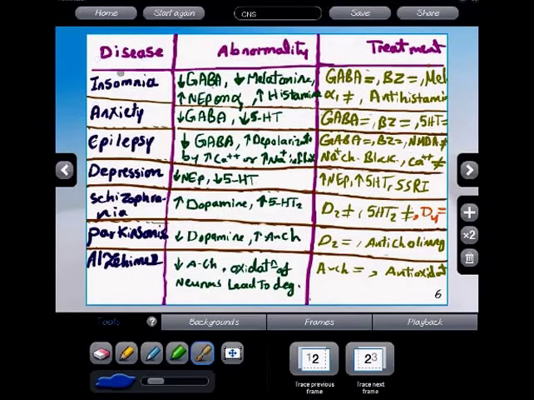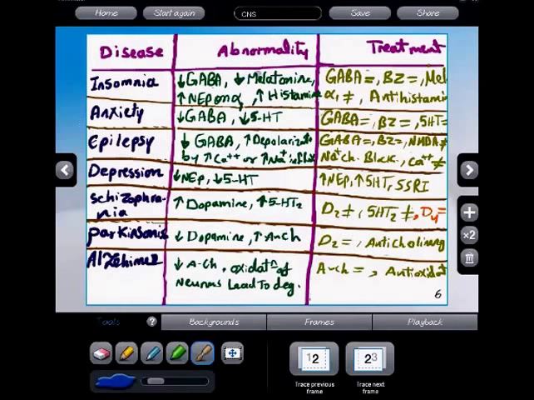For example, when I say insomnia, what can cause insomnia in the brain? Decreasing GABA, decreasing melatonin, increasing epinephrine action on the alpha 1 receptor, and increased histamine. So any drug that does the opposite will treat the insomnia, which means decreased GABA is an abnormality that can cause insomnia. So if I give a drug that is a GABA agonist or benzodiazepine agonist, which increases the GABA action, this treats the insomnia.